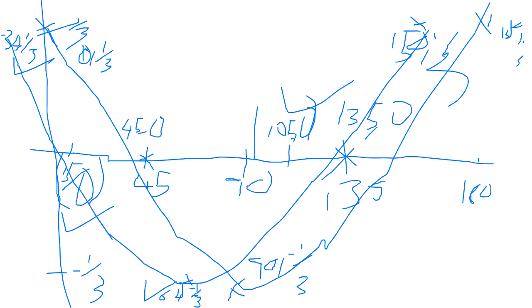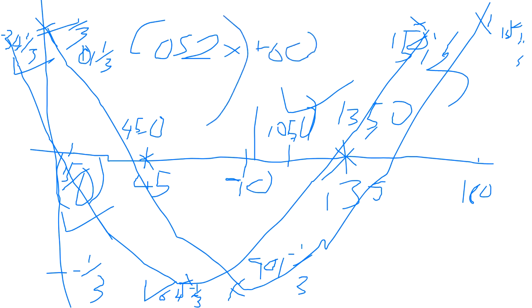So if you have, let's say, cos 2x plus 60, you only put cos 2x, don't put the 60 on the calculator. Then after you shift, if it is 30 degrees to the left, you just shift 30 to the left. If it's to the right, 40 to the right, you shift 40 to the right.